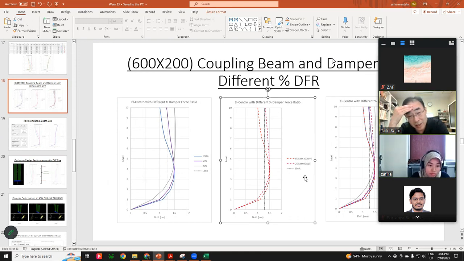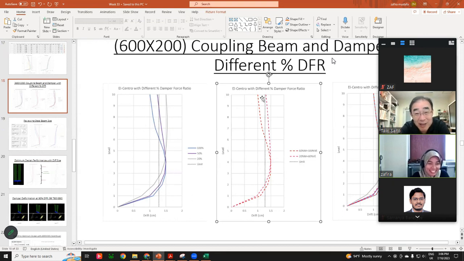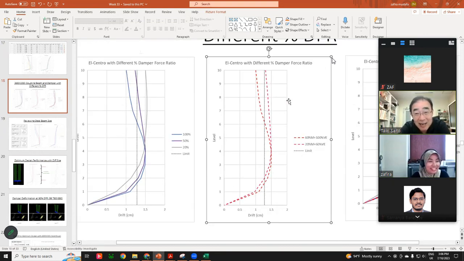Which line is which one? The red one here. Another one is pink. I cannot recognize, can you see? It looks the same color. Okay, I will open it.